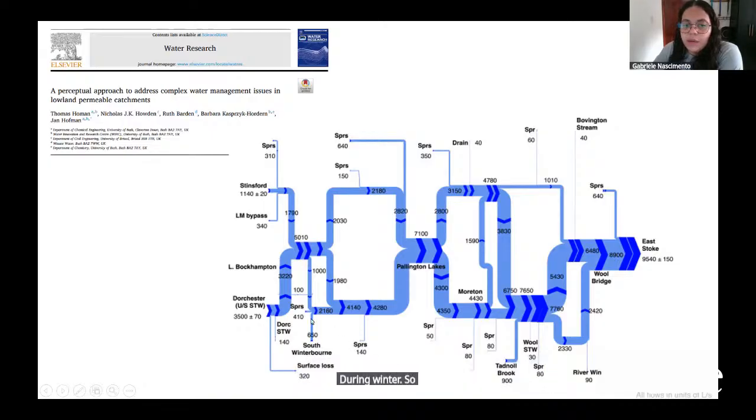Each one of these arrows is a different flow, and the numbers show liters per second. So we can see that it's growing until the last one. It's just a representation of different types of sources of the water.